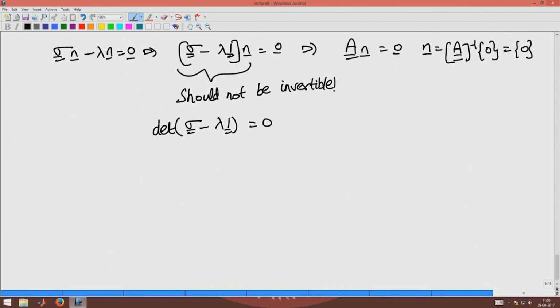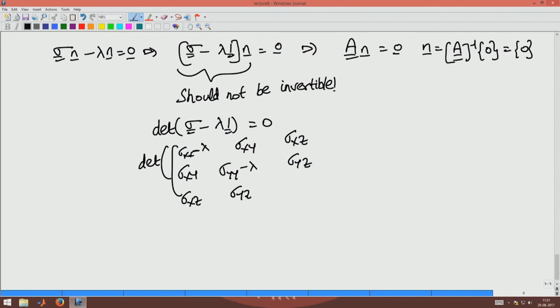So, now what is this? The determinant is that of the matrix with rows: sigma xx minus lambda, sigma xy, sigma xz; sigma xy, sigma yy minus lambda, sigma yz; sigma xz, sigma yz, sigma zz minus lambda. I am substituting the identity matrix and expanding this, and it has to be equal to 0. It is clear from this equation that the determinant will be a cubic polynomial in lambda.